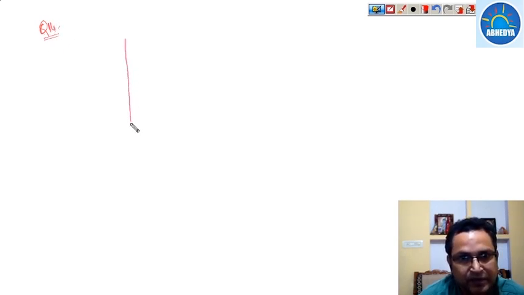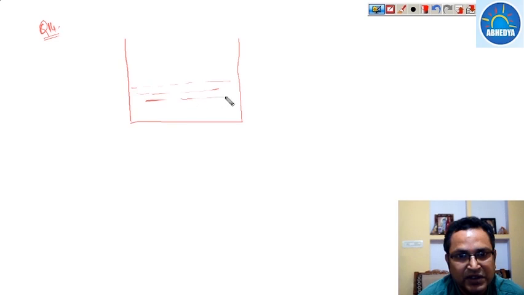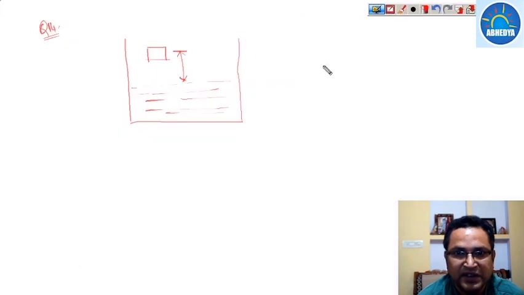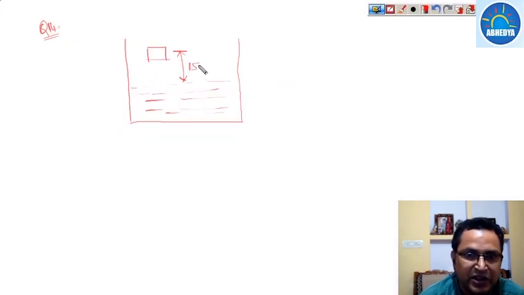Here, this is our tank in which water is there, and there is a stone which is at a height of 15 meter. This height is 15 meter, this is 20 kg mass of the stone, and this is 200 kg of water.